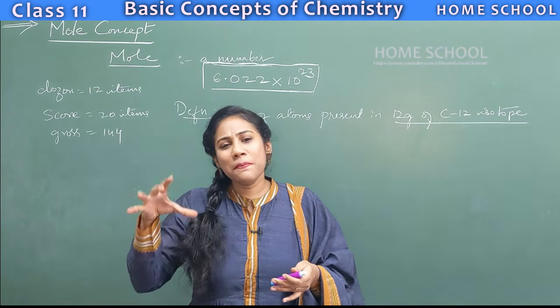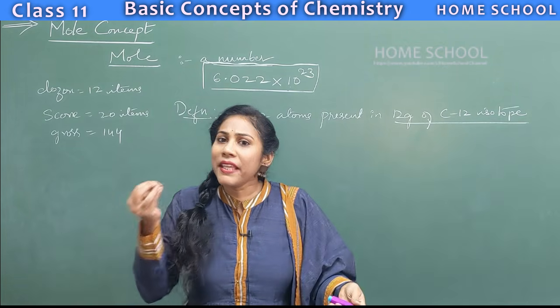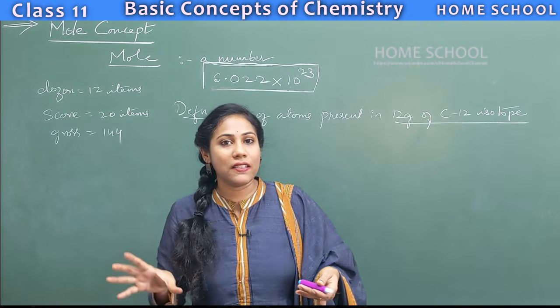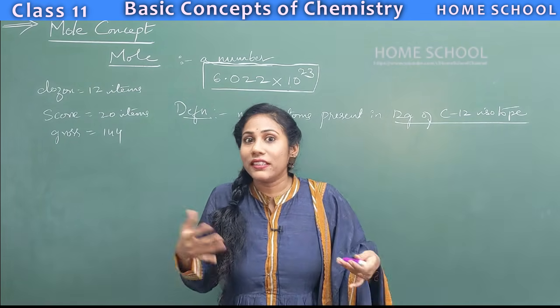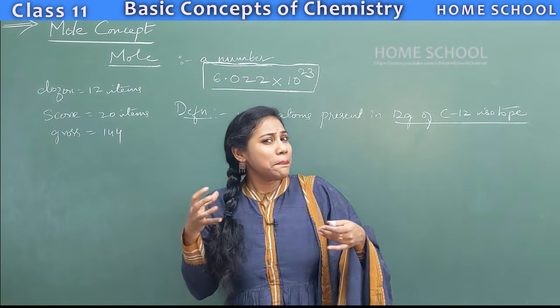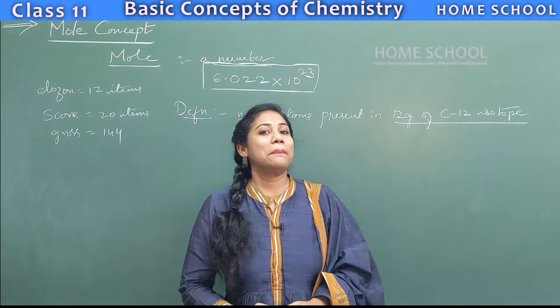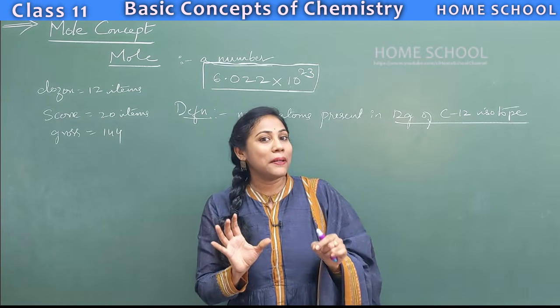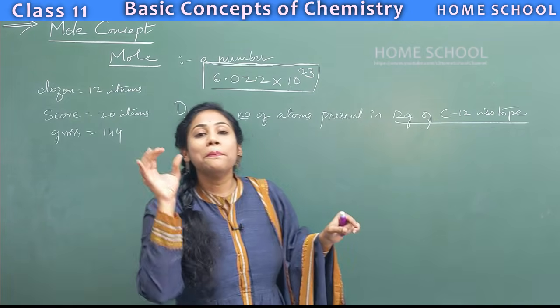Our atoms or particles, molecules or ions, whatever it may be, are all very, very small particles, and when they react, they would react in lakhs together, crores together. To represent these smallest particles, we want one big number. That's the reason we have introduced a number called mole.